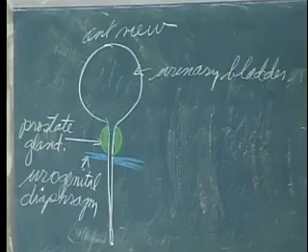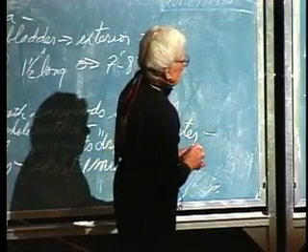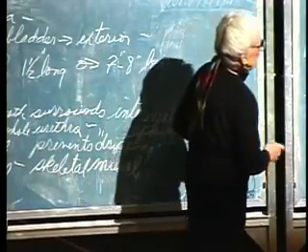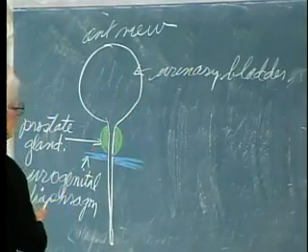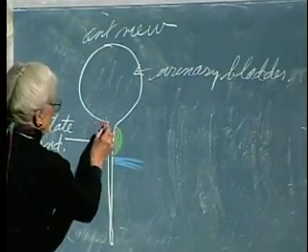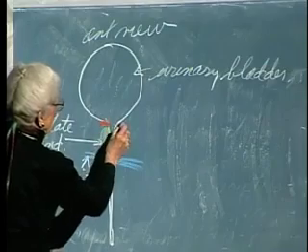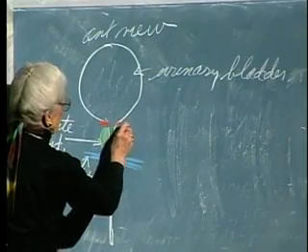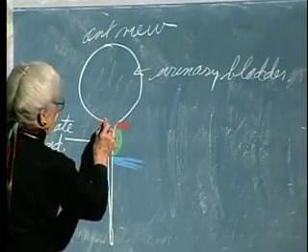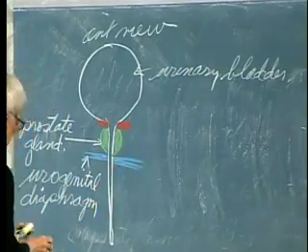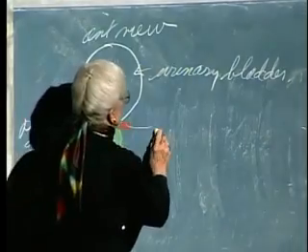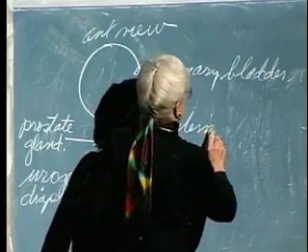So we'll stop for a moment with those, because we have then between the prostate and the bladder our internal sphincter. This represents our internal sphincter.